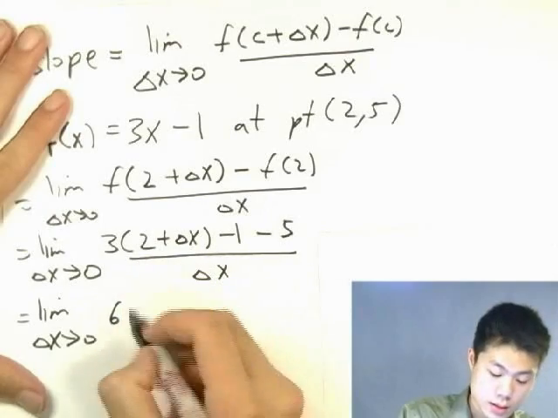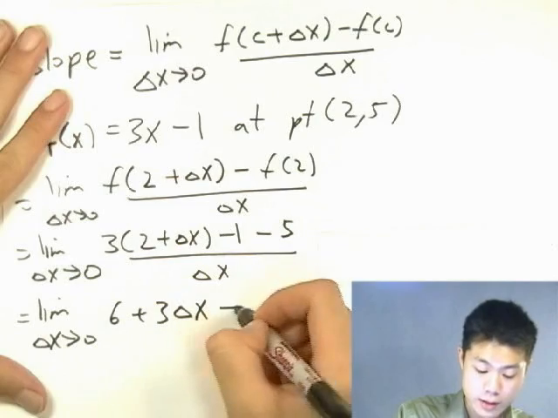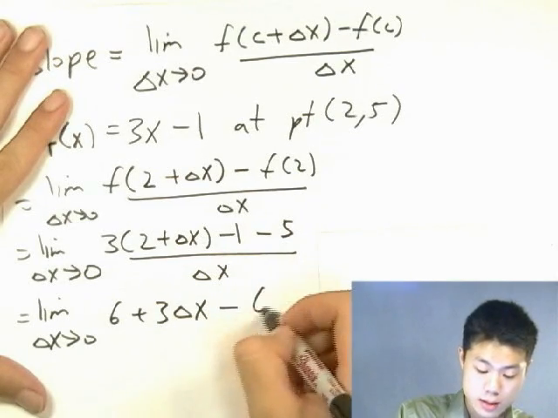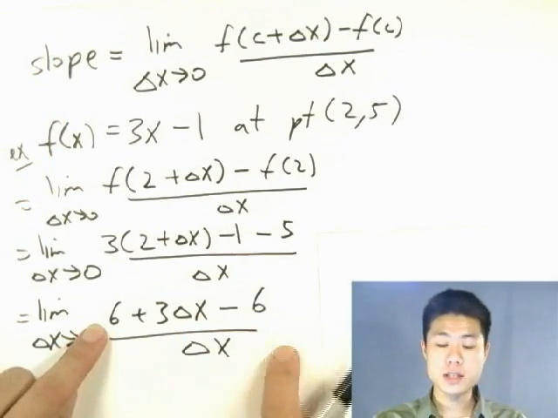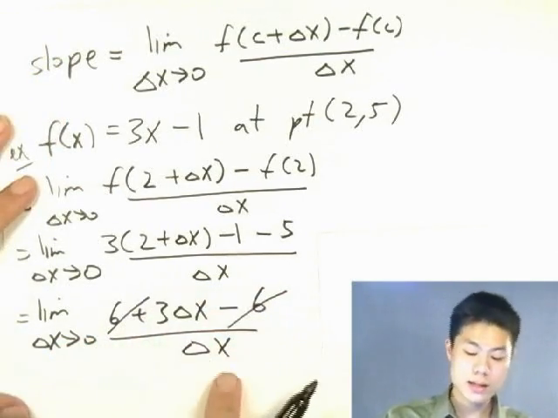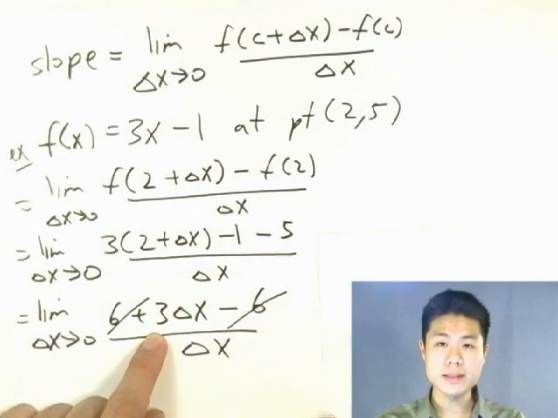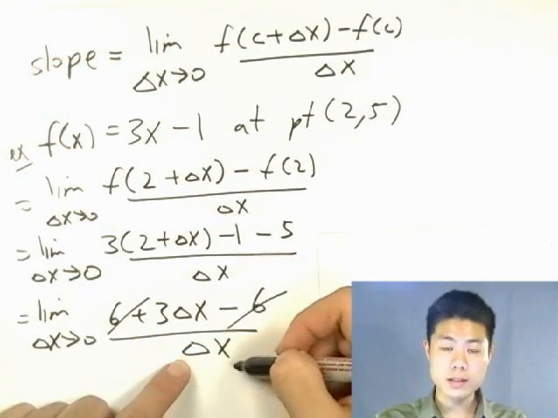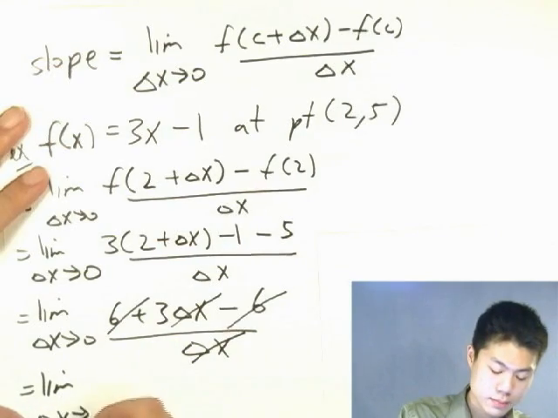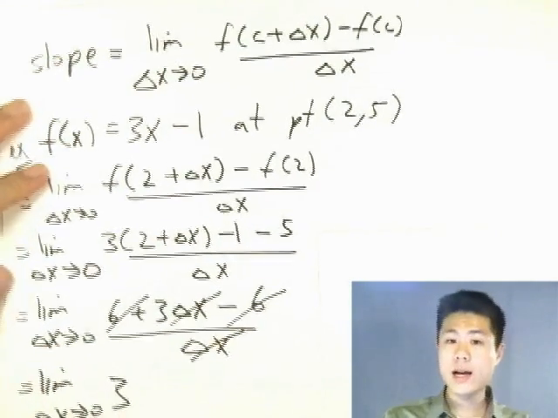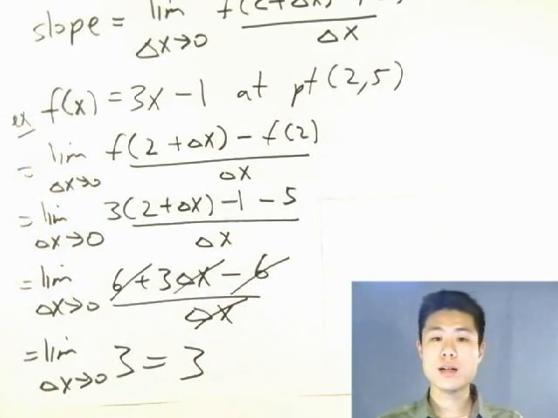So 6 plus 3 delta x minus 1 minus 5, all over delta x. Notice that the 6 here and the negative 6 here cancel out. Once I do that, only 3 times delta x remains on top, and that cancels out with the delta x on the bottom. So I have the limit of 3 as delta x goes to 0, which is simply 3.